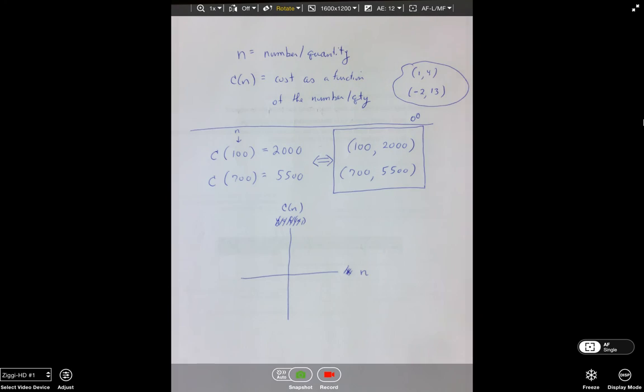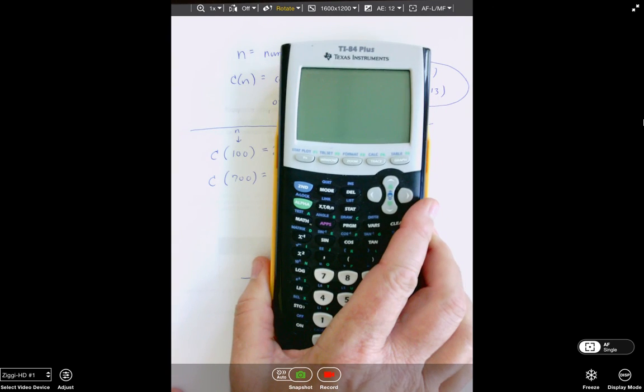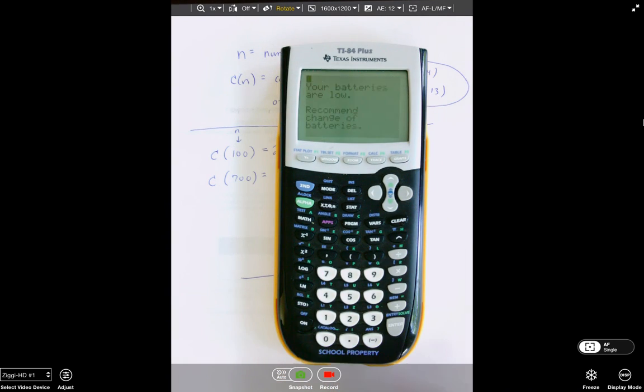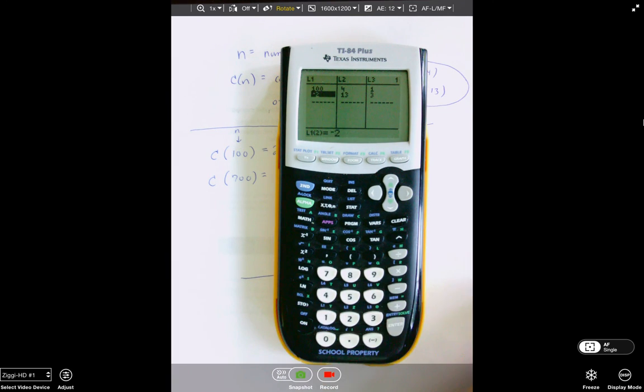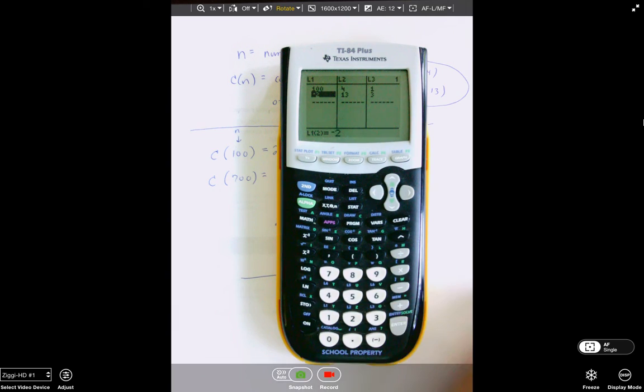Part A says find the cost function C of n that relates the number of produced items n with the cost, rounding the slope and intercept to the nearest hundredths. I like to do things the simplest way. So I have one amount of 100 and another amount of 700.